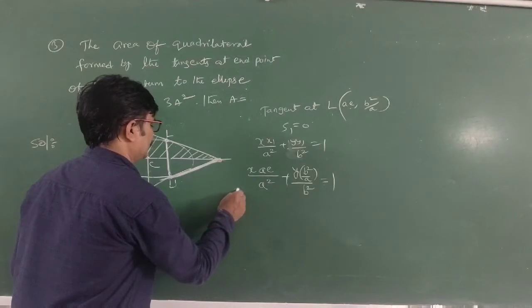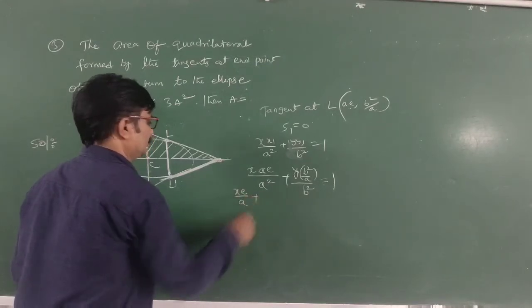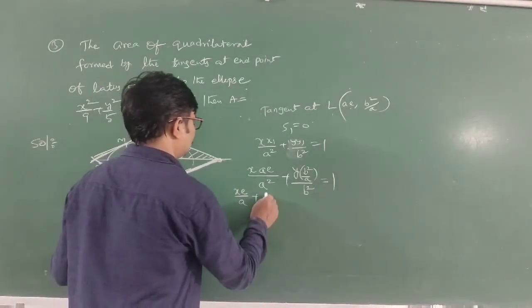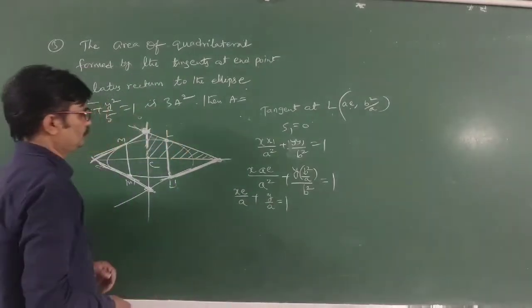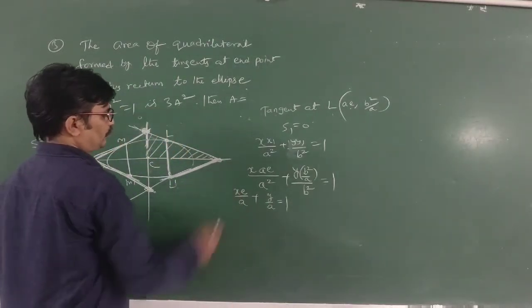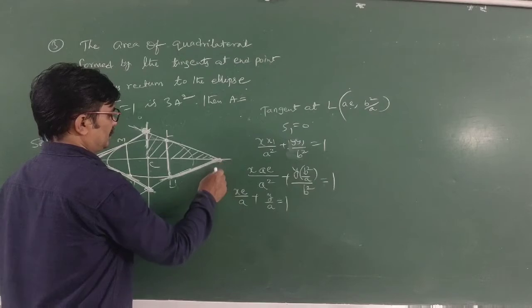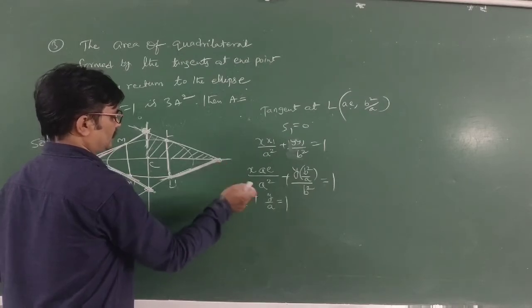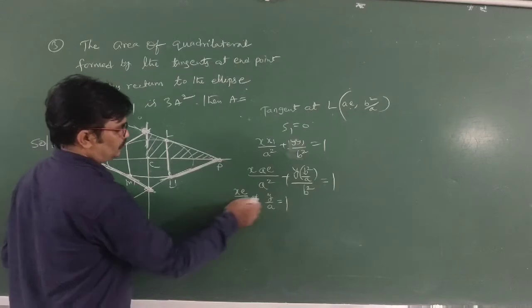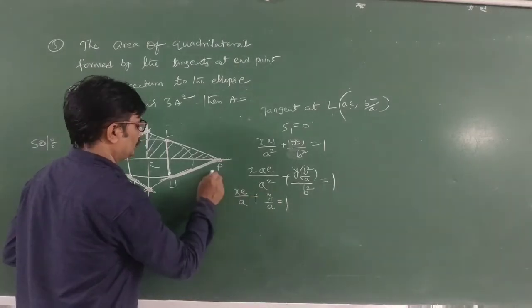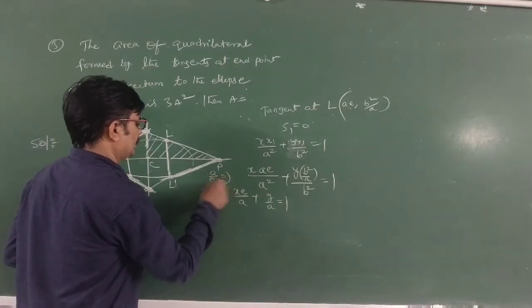Now x e by A, B square cancels, y by A equal to 1. So what is the point? The x-intercept, directly we can take as some P. Undoubtedly, when y is 0, this is A by E comma 0.